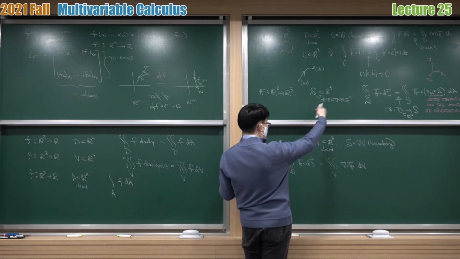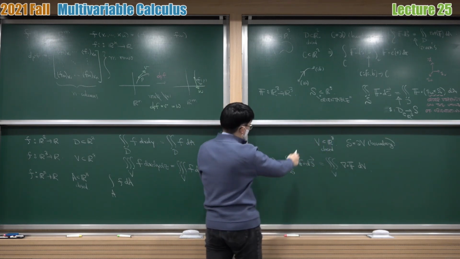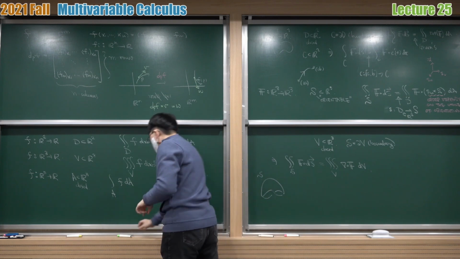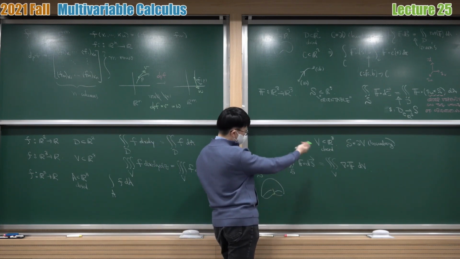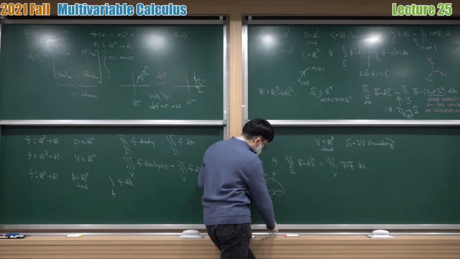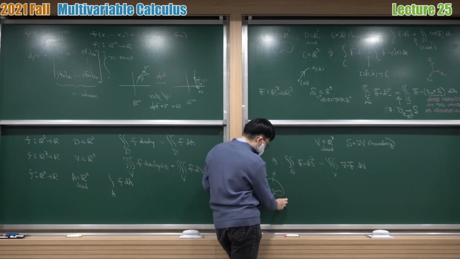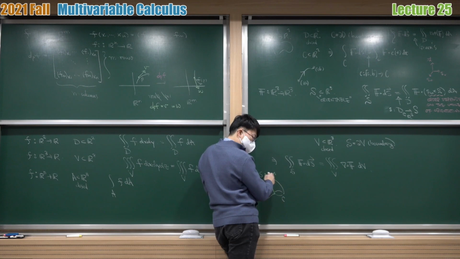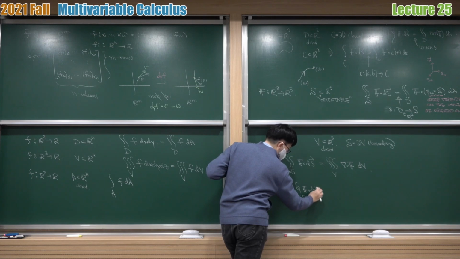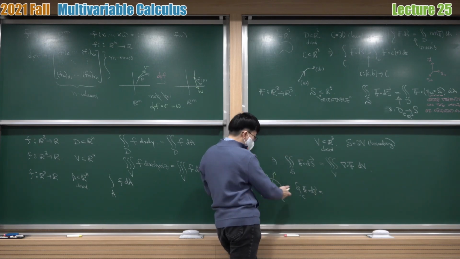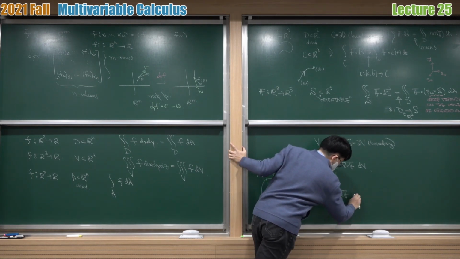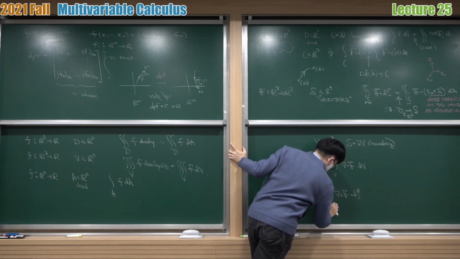And also, I should have mentioned this before: if you have a surface S, and you give an orientation to the boundary of this surface, so I'm assuming that S is not closed in order to have a boundary, then I can also relate the line integral over the boundary of the surface with the surface integral of the curl of the vector field over the surface.